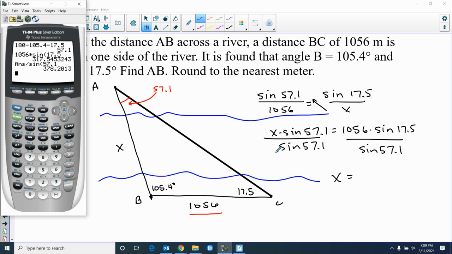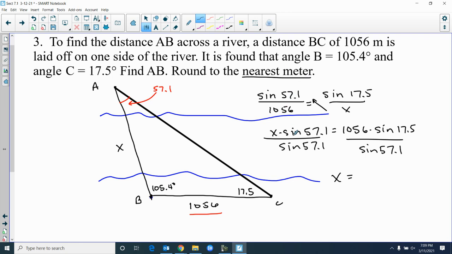And I got 378.2, and it says round to the nearest meter. So that's going to be 378 meters. Okay, again, just using the law of sines, making sure we draw everything correctly. All right, now I think you're going to flip it over to the other side.